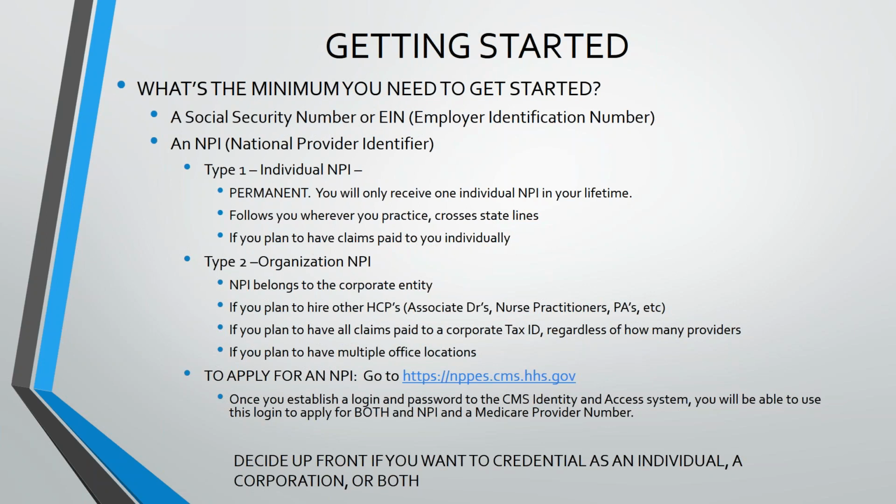So you may have, for example, 5 different clinics, and each clinic is set up as an individual LLC. You would have a Type 2 NPI for each one of those clinics.